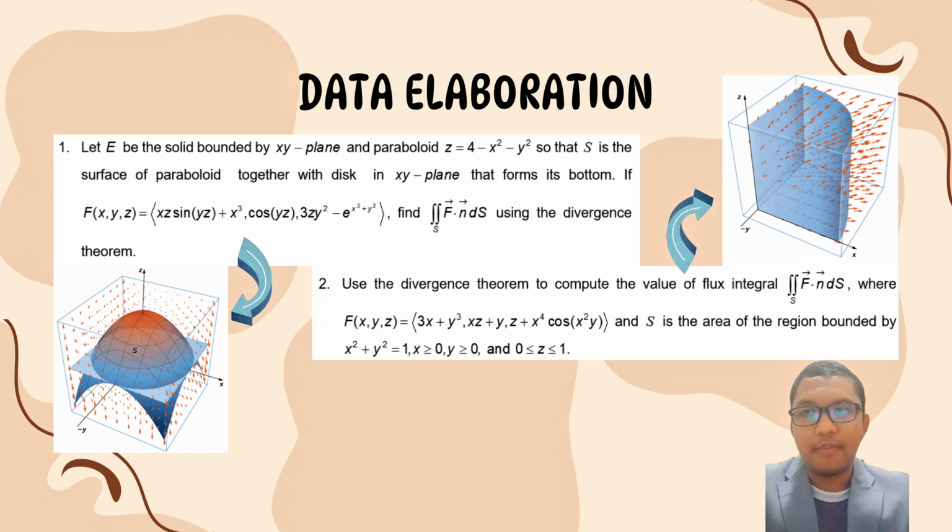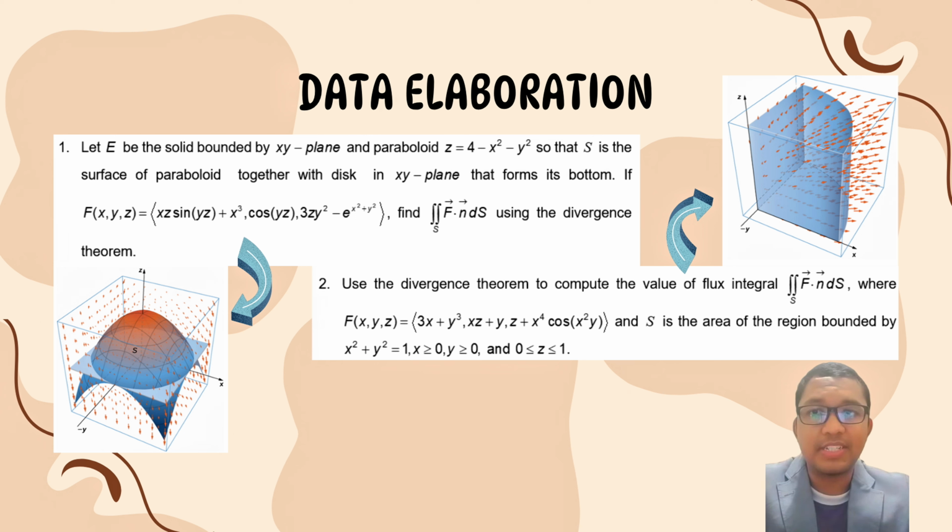If F(x,y,z) is equal to xz sin yz plus x cubed cos yz, 3zy squared minus e to the power of x squared plus y squared, find the double integral of F dot n dS using the divergence theorem.